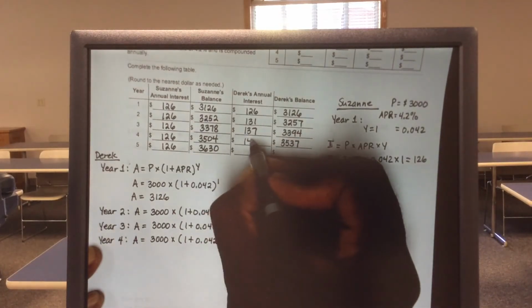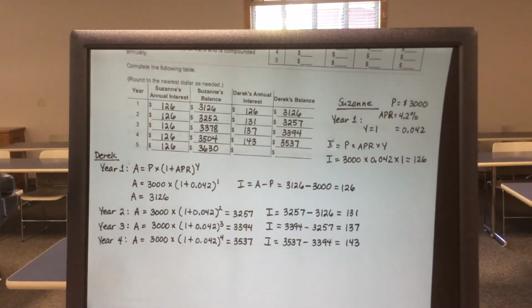This will end up being $143. That's going to be the interest that he's picked up during the 4th year, at the end of the 4th year.